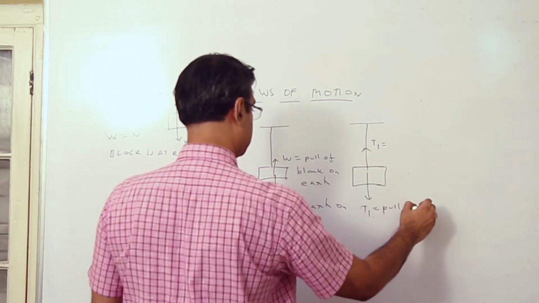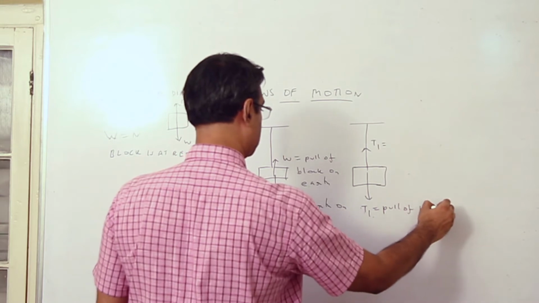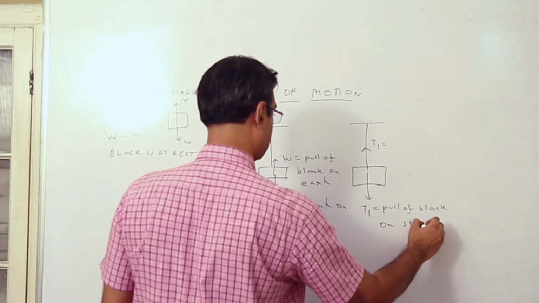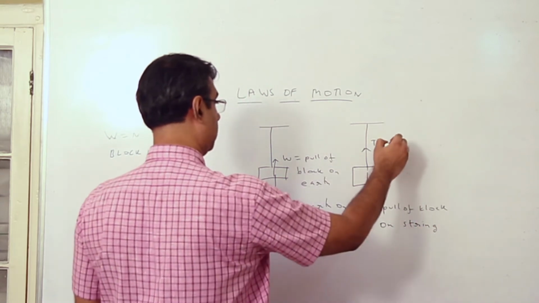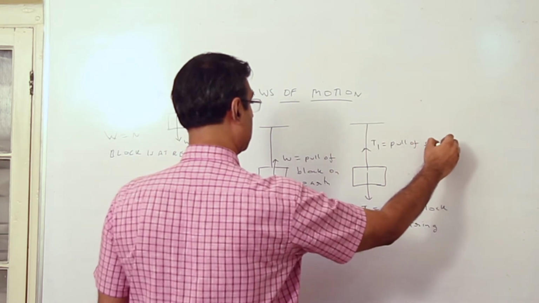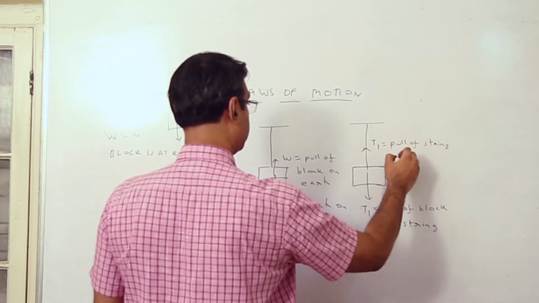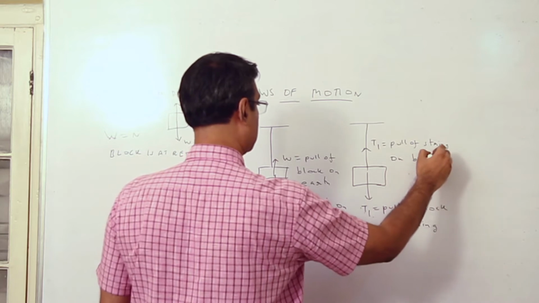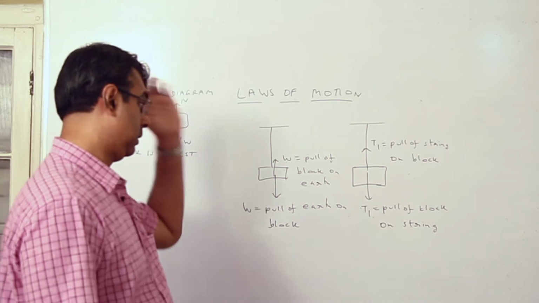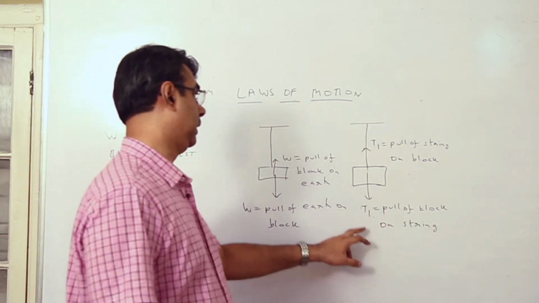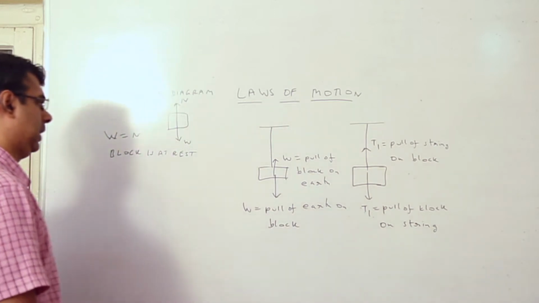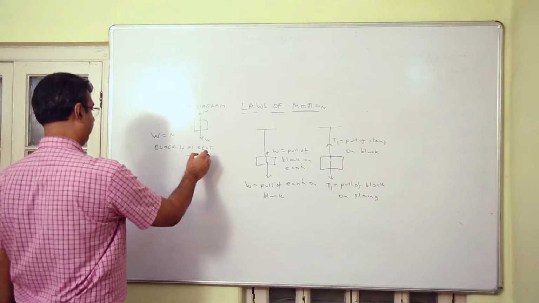So T1 is the pull of block on string, and T1 is the pull of string on block. So I repeat once again, T1 is the pull of block on string and T1 is the pull of string on block. So this is the second action-reaction pair.